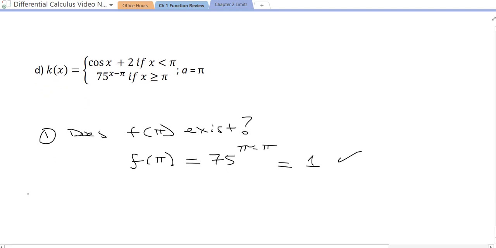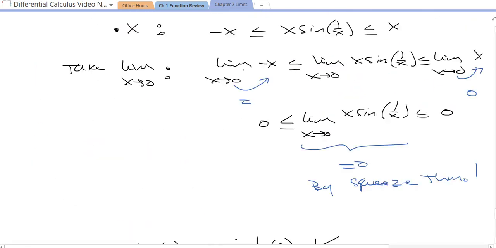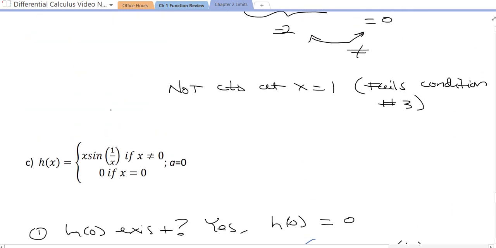The second condition, does the limit exist? Does the limit as x goes to pi of k of x exist? I did it again. I put f's there instead of k's. So this one is defined differently than the other two. Right here, it was just when x not equal to 0, so the two-sided limit.